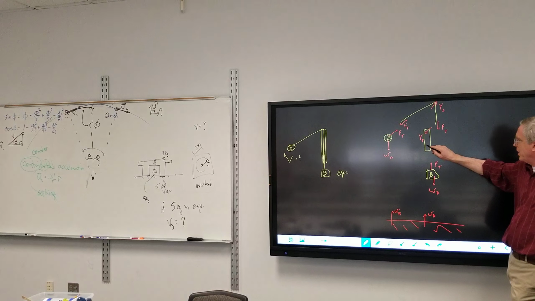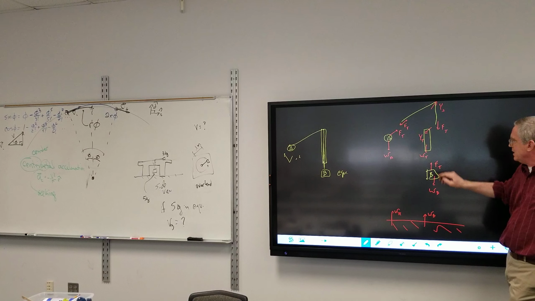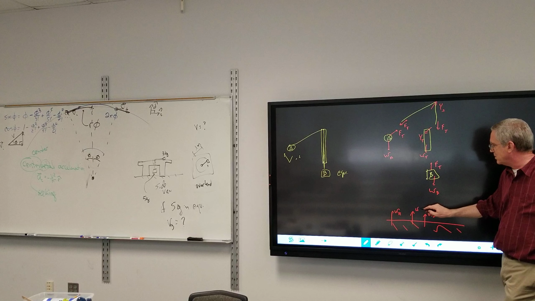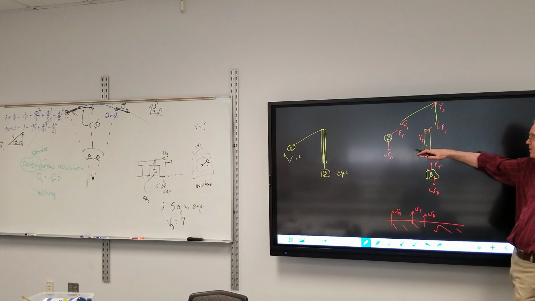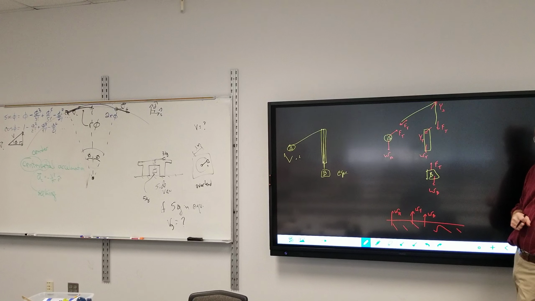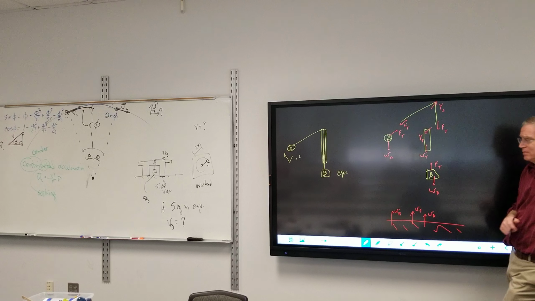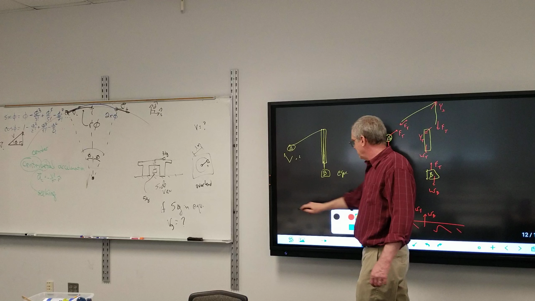Yeah, so let's put a weight of the tube here, W sub T. Isn't that what normal force is, the force that holds it up? If there's a normal force up on it, that means it's sitting on something. Is B on the ground? No, B is not on the ground. The ground is down there.